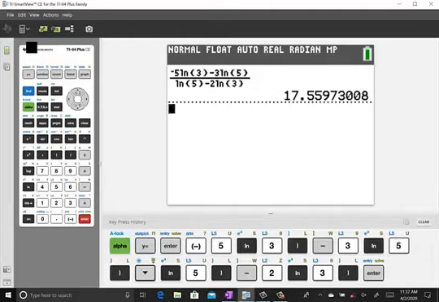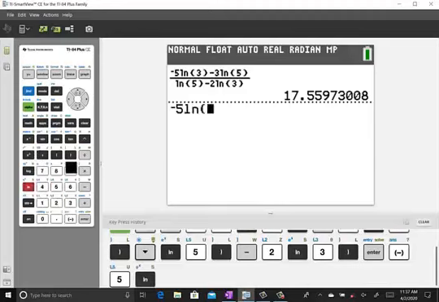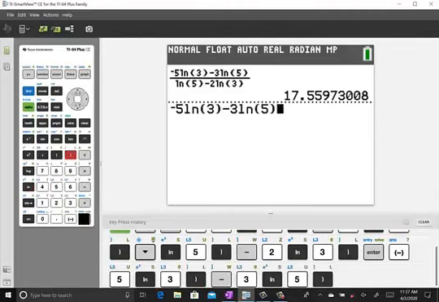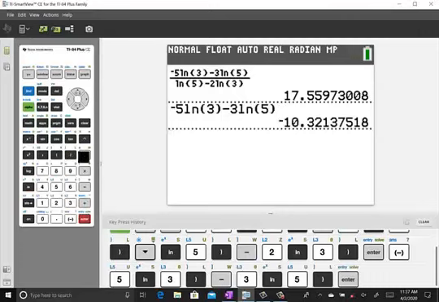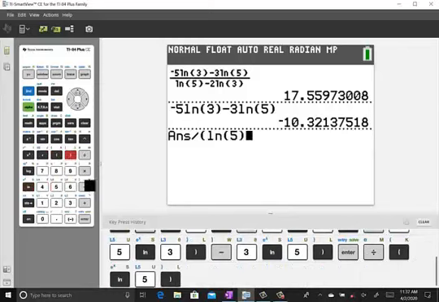If you have an older calculator, you just have to do it step by step. So let me show you how to do that. We do the top first: negative 5 ln 3 minus 3 ln 5. Hit enter. Then we hit divide and parentheses, because we have multiple things in the bottom. We do ln 5 minus 2 ln 3.